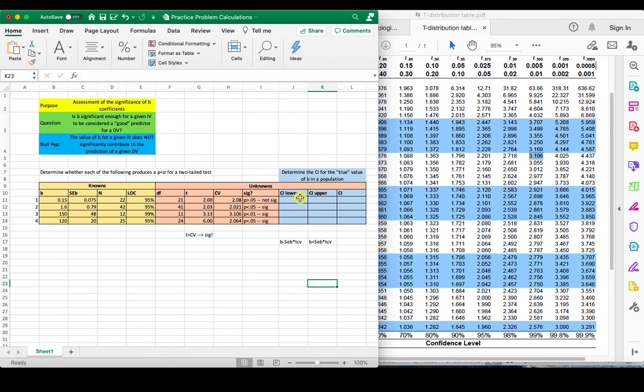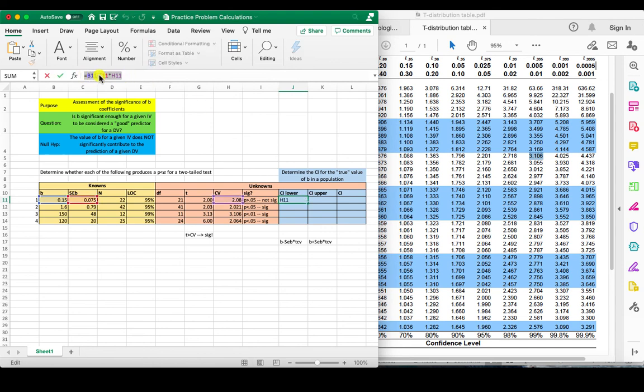Okay, so we can plug and chug pretty easily in Excel, where we say B minus standard error times the critical value that exists at a given degrees of freedom and level of confidence.